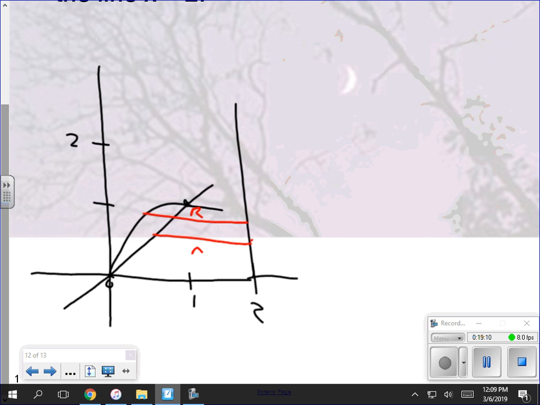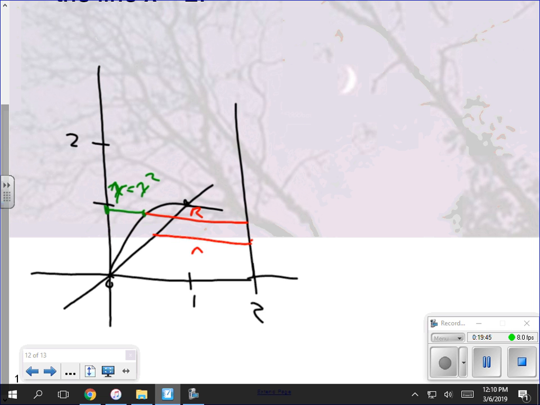Now, the equations, on the other hand. Looking at the big R, this is y equals the square root of x. Because I am rotating it this way, I have to do it dy. So my equation is x equals y squared. If y equals the square root of x, x equals y squared. That's my length. Big R is not that equation.